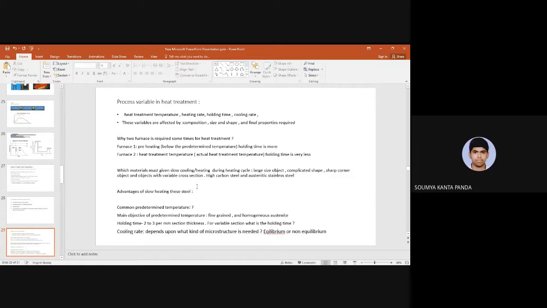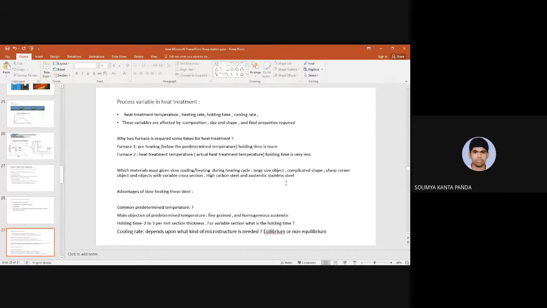But what about the thicker cross-section? The surface will get austenitized, but the core will not. It will take some time. The thermal stresses will generate again, same problem. And austenitic stainless steel has a very poor thermal conductivity. The heat cannot be transferred easily from the surface to the core. So that's the reason.